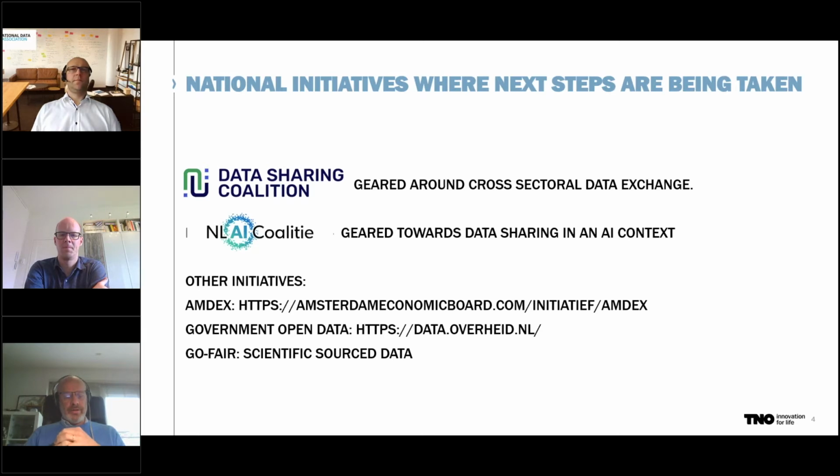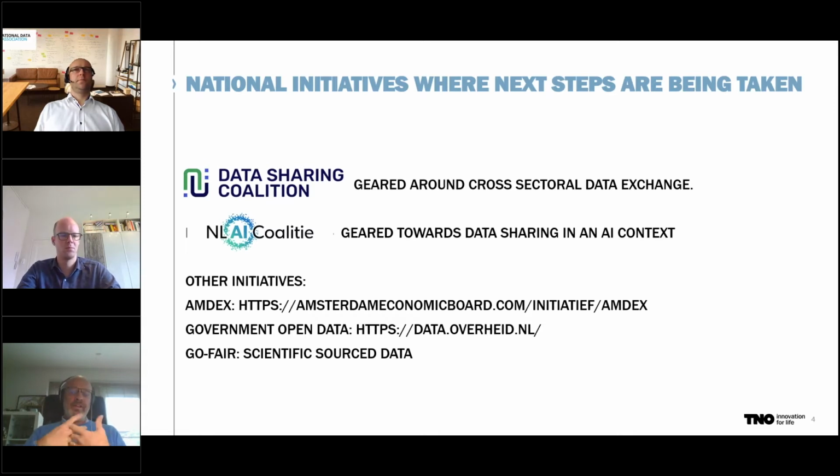And therefore, data sharing becomes important and needs to be built in such a way that it becomes easy for everybody to get involved. So in the AI coalition, similar to what's happening in the data sharing coalition, we are designing a data sharing system, and we're also exploring use cases.